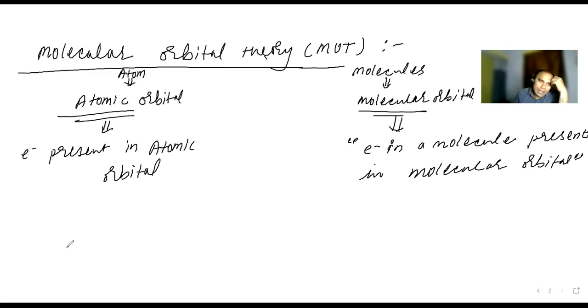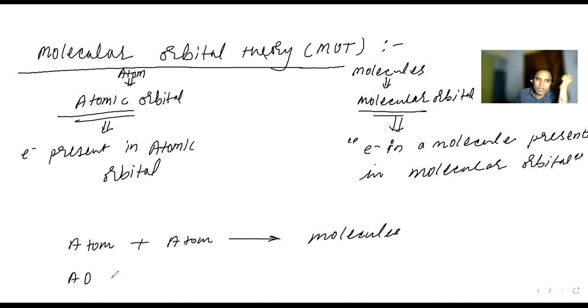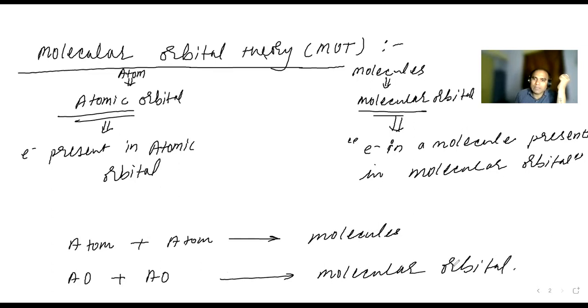If atom plus atom, two atoms combine, they are going to give a molecule. So atomic orbital, AO plus AO, combined will give a molecular orbital. Atomic orbitals combine to give a molecular orbital. Can you understand this?